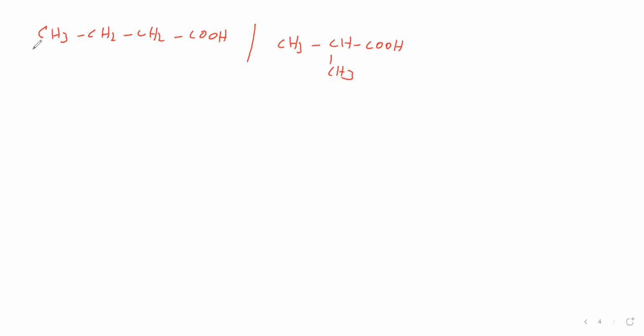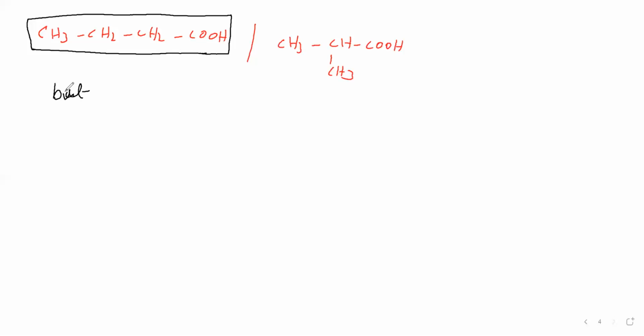Here the parent chain contains 4 carbon atoms, therefore the root word is but. Primary suffix is an, secondary suffix is oic acid. We drop this E, therefore we say butanoic acid.